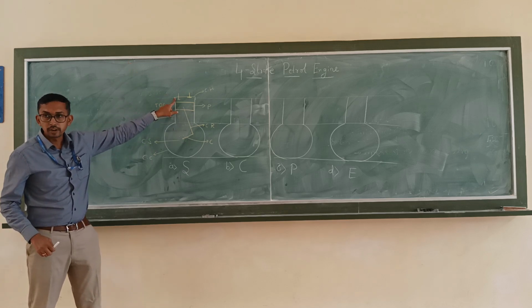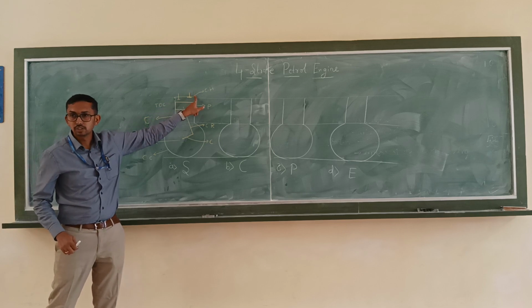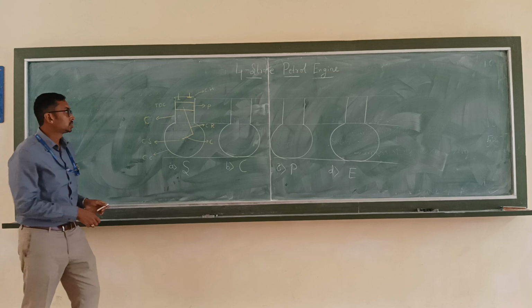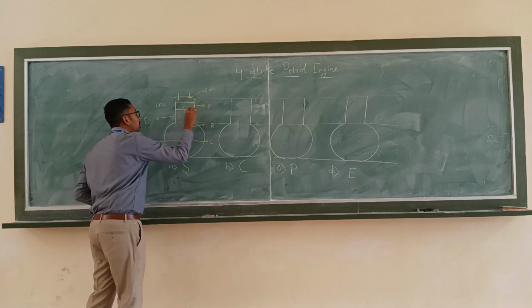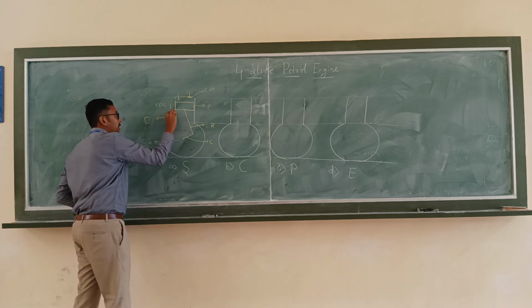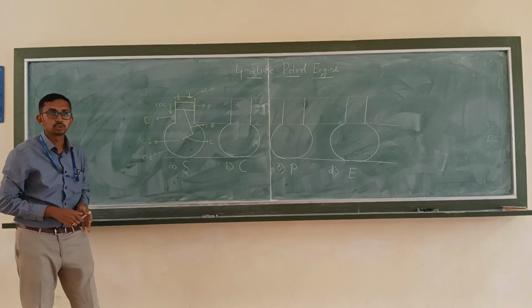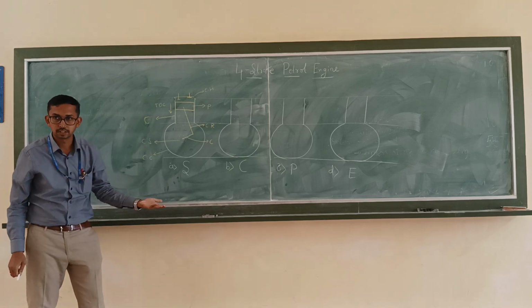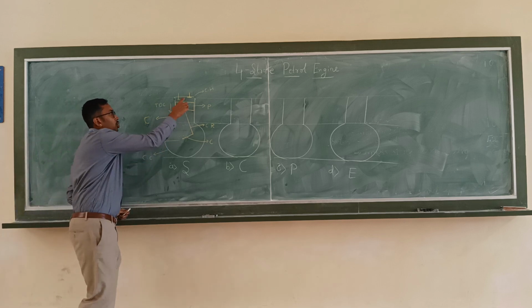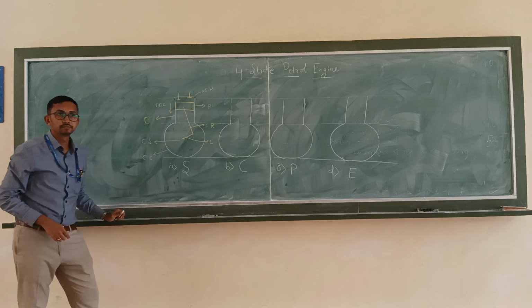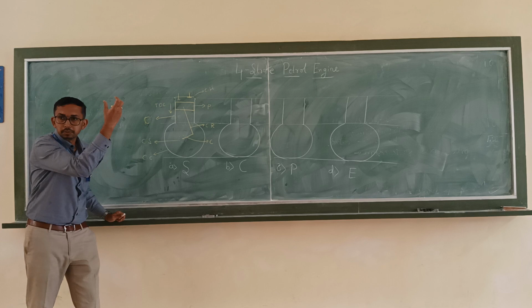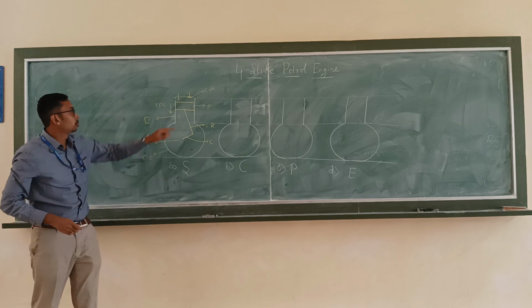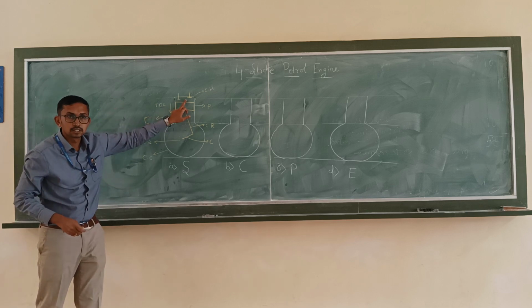Inlet valve will be open and the exhaust valve will be closed. Is it clear? Now the piston is going to move from top dead center to bottom dead center. So due to the downward movement of the piston, a vacuum will be created inside the cylinder.